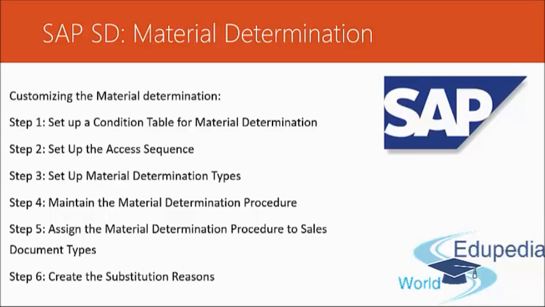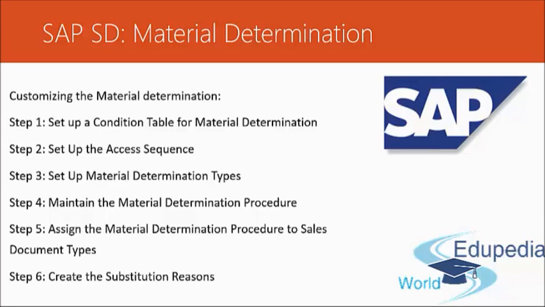You start with setting up the determination using the condition technique, followed by defining the substitution rules. You then also perform item categories and schedule line categories setup, if standard item categories TAPS and TAX along with the schedule line categories CX and PP are not sufficient to cater to your business requirement.